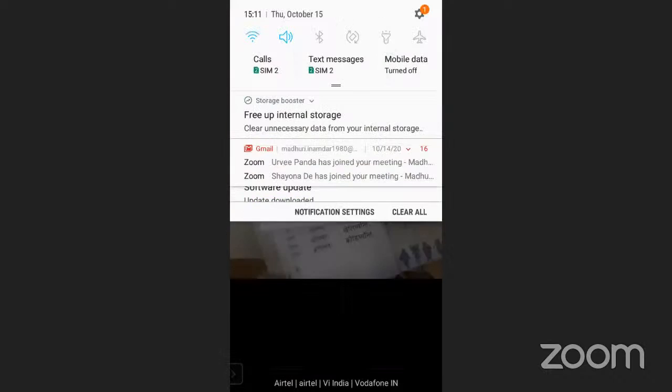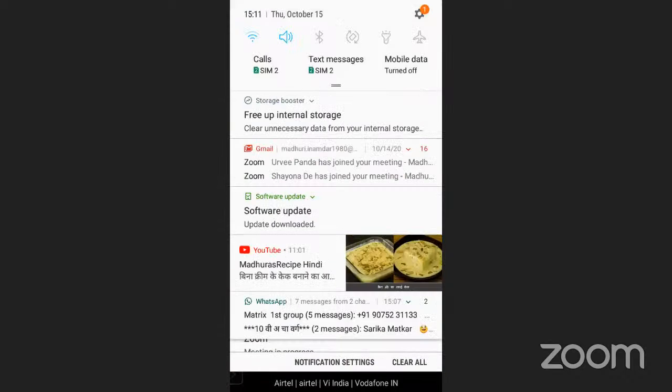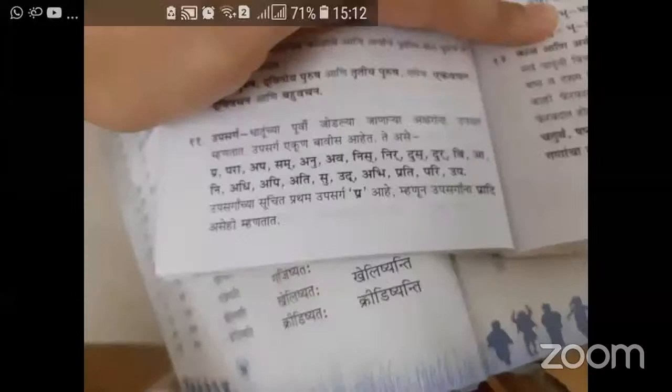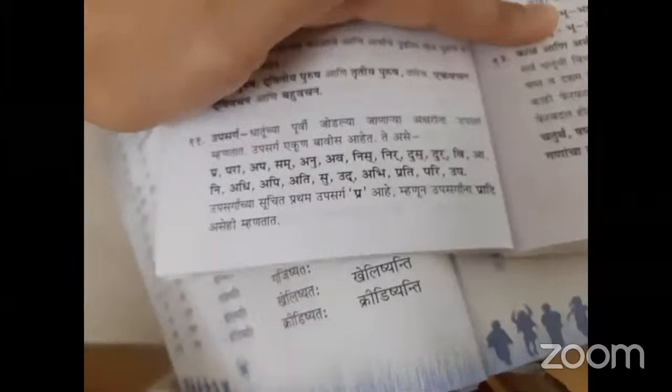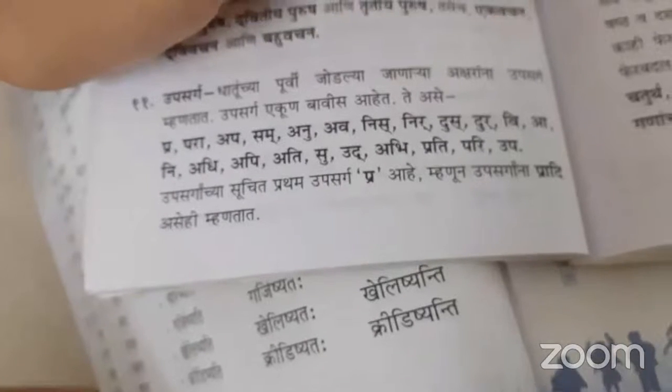Now see what is meant by upasarga. Upasarga means the letter that comes before the root, written before the root, is called upasarga.